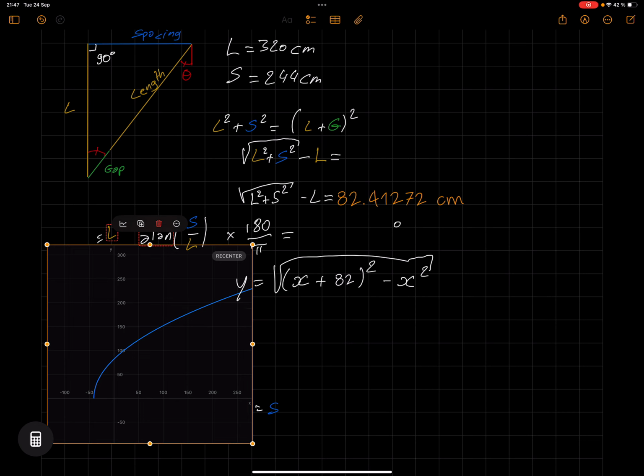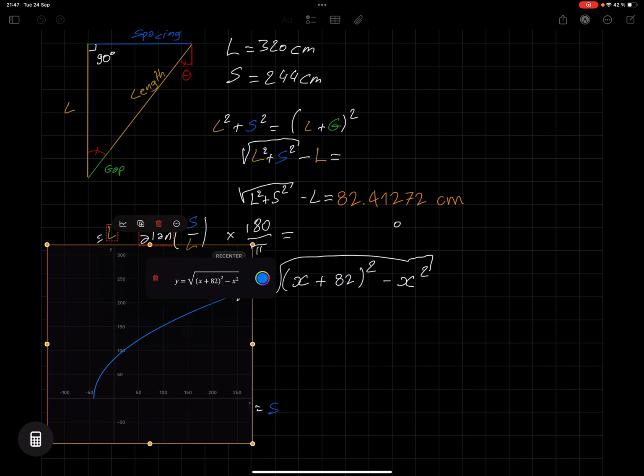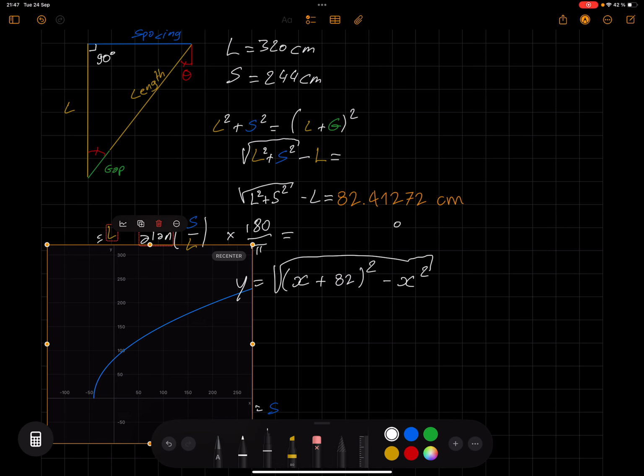I want to change, but it doesn't change. So if I go here and I want the point, yeah, I have it, 244 for x, it's giving me 215 for y. So I think I just switched actually.